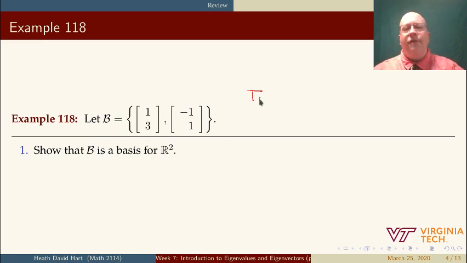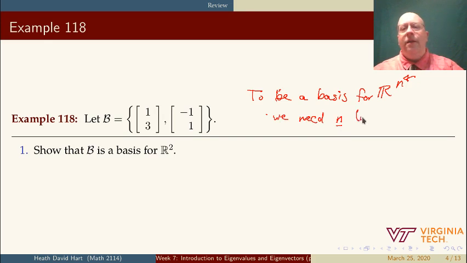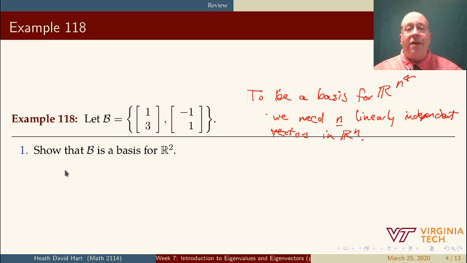To be a basis for Rn, regardless of whatever value n is, we need n linearly independent vectors in Rn. So we have the right number of vectors.